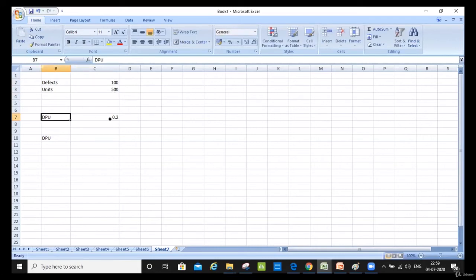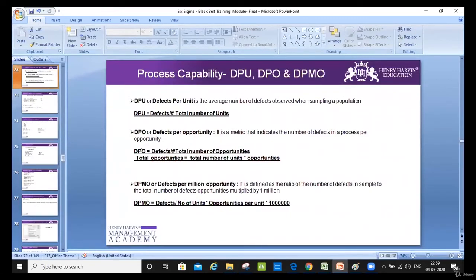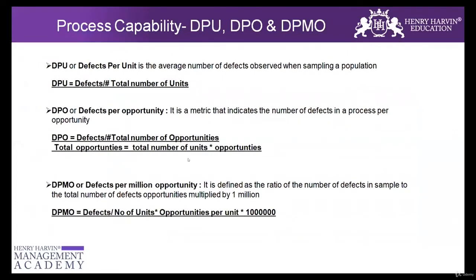But if I want to calculate DPO, defects per opportunity, the formula that I have is defects divided by total number of opportunities. Okay, and where total opportunity is equal to total number of units times opportunities.